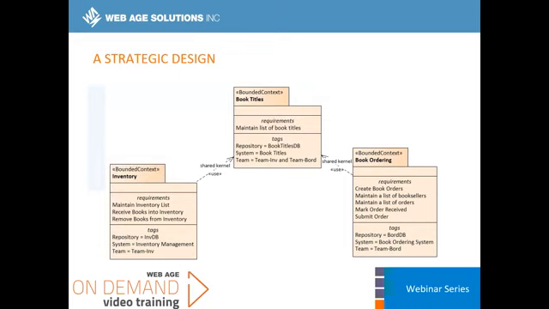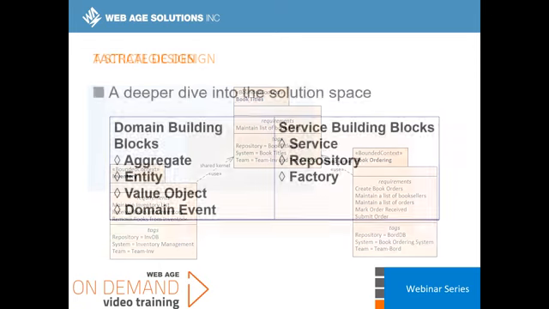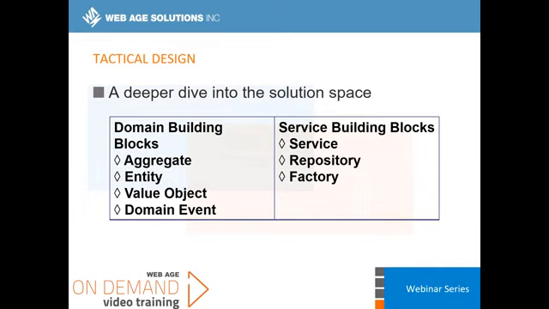And so now we move into this notion of tactical design. If you were in an old mill standard kind of software development or waterfall kind of development approach, you might say that we're going from the top level design to the detailed design or something of that nature. But we're actually taking this strategy that we've created in terms of bounded context, and now we're going to move into the solution space at a deeper side.